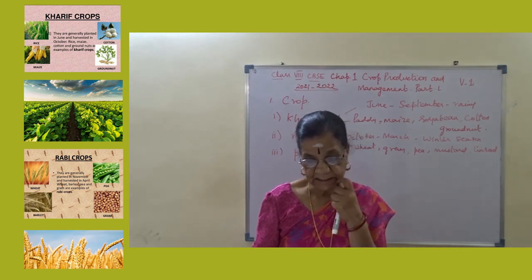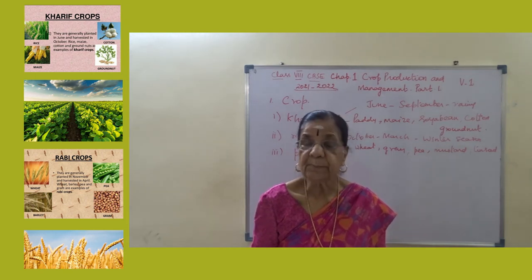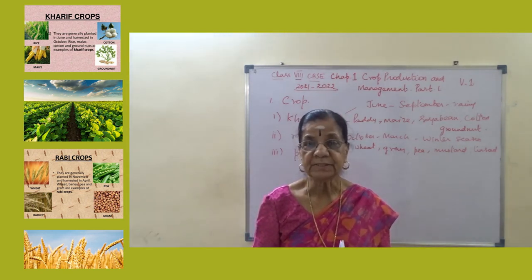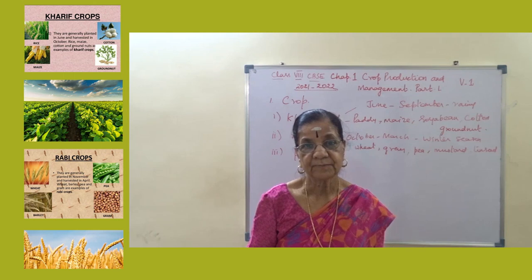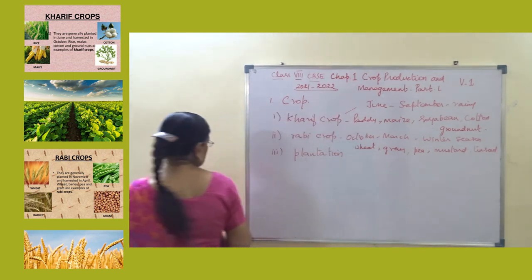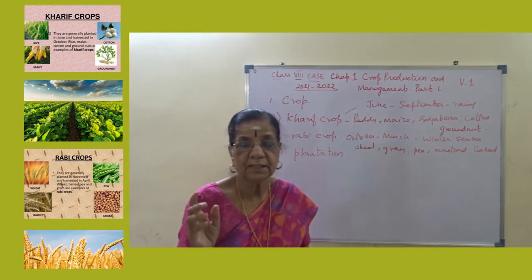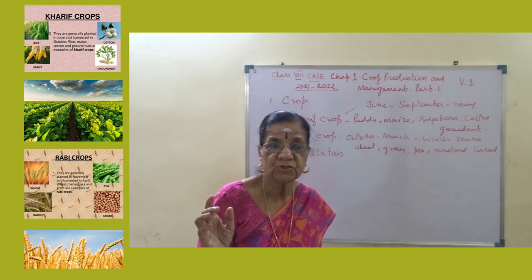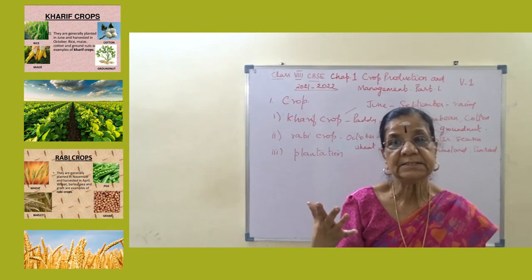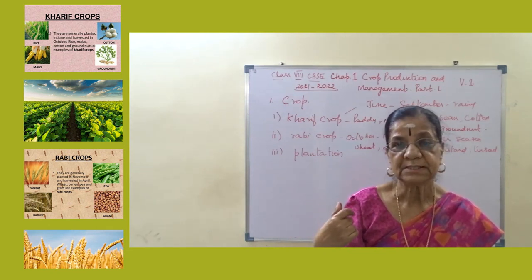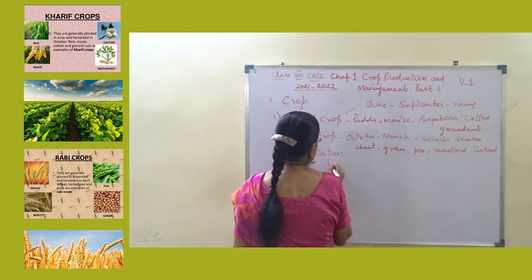And along with that, the pulses and vegetables are grown during summer season. I hope you understand. Next we come across plantation. Normally in hill stations we find tea plantation, coffee plantation.